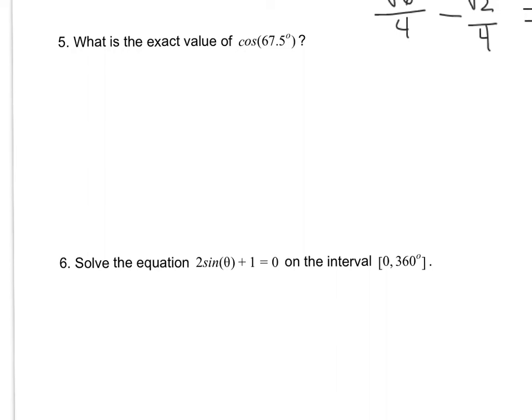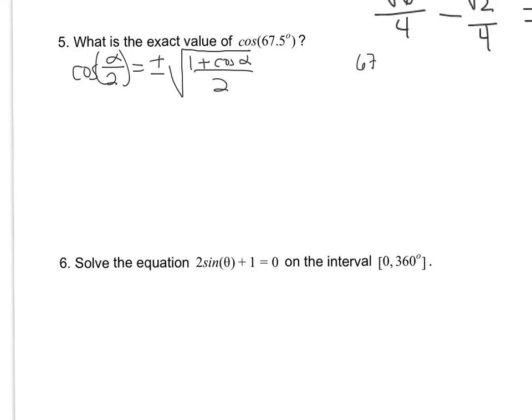Now the half angle formula for cosine says cosine of alpha over 2, we'll use the angle alpha, doesn't really matter, is plus or minus the square root of 1 plus cosine of alpha over 2. So can we think of a number that would be cut in half to get 67.5?